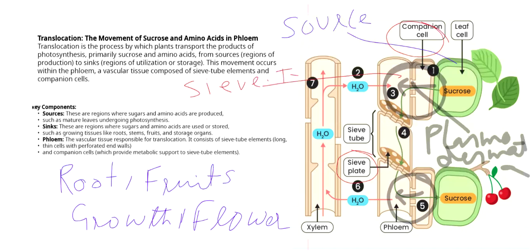So from the xylem, water enters the sieve tube cells and the water potential of the phloem cells becomes lower, becomes thin.